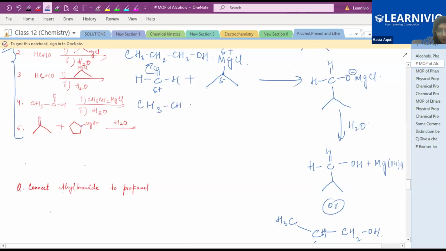CH3, CH2, CH2OH. You said this one. Ma'am. Are you sure? Just quickly do the mechanism, and after doing the mechanism, let me know. Yes, Rimda, you too, write the mechanism, and then let me know if it is correct or not.